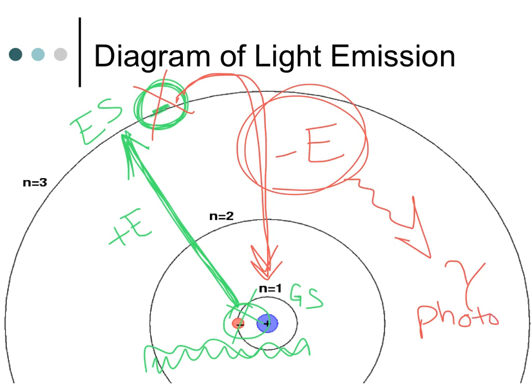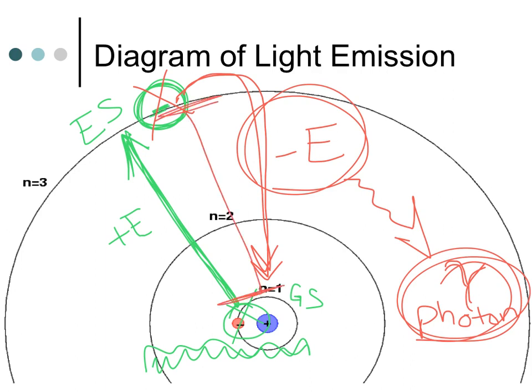And the symbol for a photon, by the way, is a little gamma symbol, a little curly Y guy. So that photon is going to come out. And the amount of energy that this photon has is going to be determined by the amount of energy that's between these two levels. That energy loss is going to go directly into the photon. And then that photon's energy is going to determine what kind of frequency it has, and in turn what wavelength it is. It's going to determine what type of wave it is.